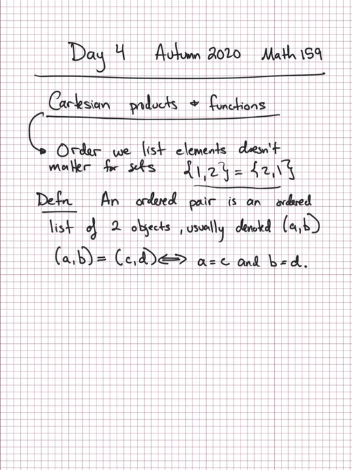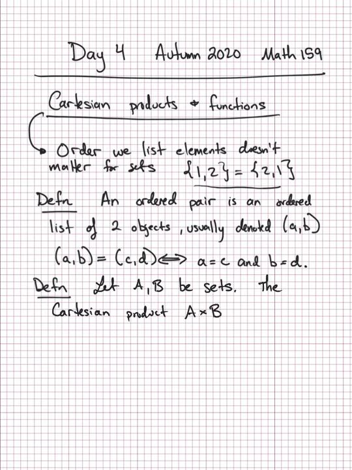Okay, so then another definition. If we have two sets, so let A and B be sets, we can make a new set, which is called the Cartesian product, and it's usually denoted by A cross B. So it's just the set of all such ordered pairs.